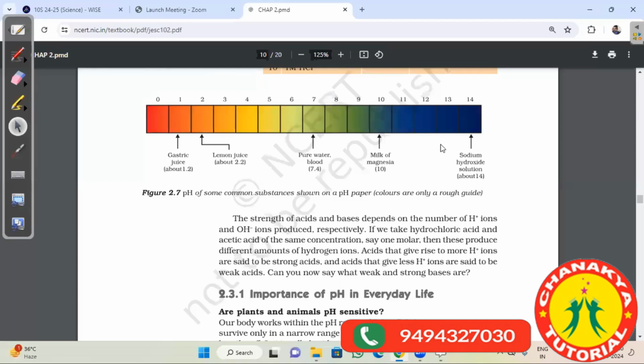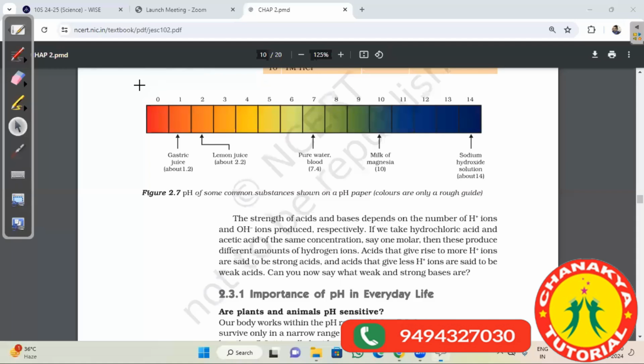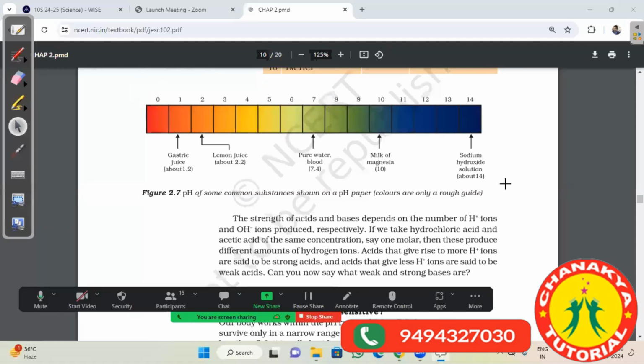Yes, okay. Just like acids, we know that acids are corrosive in nature. In the same way, bases are also corrosive in nature. Acids and bases both are corrosive in nature. Let me add the indicator over here. This is a rough indicator diagram.